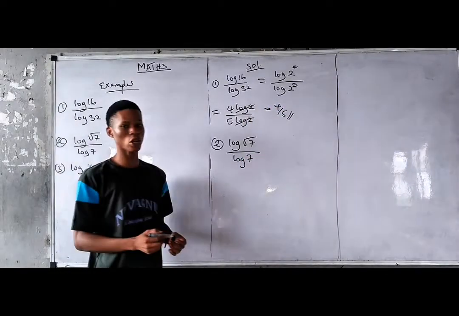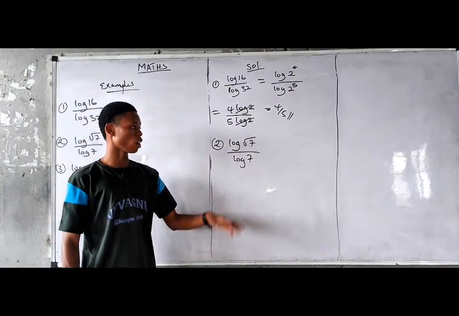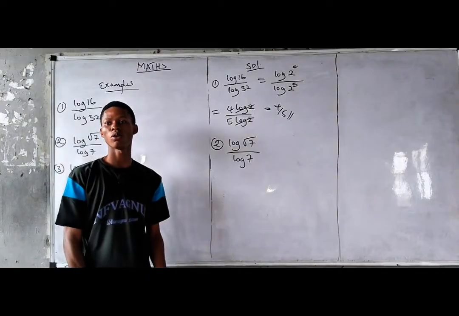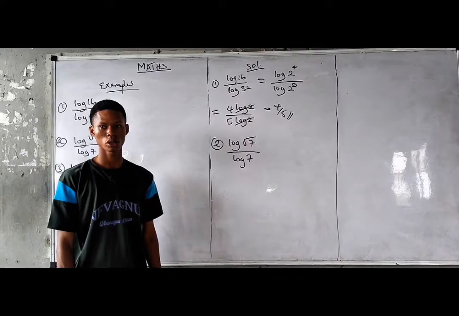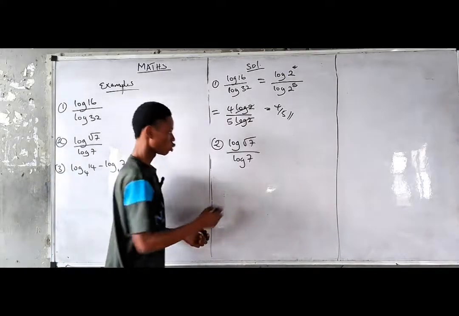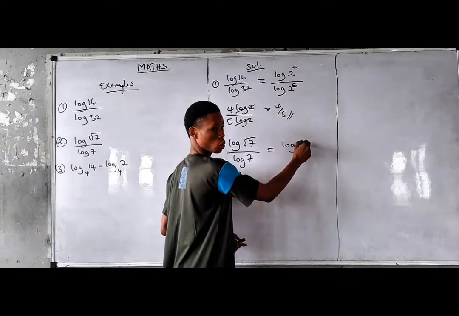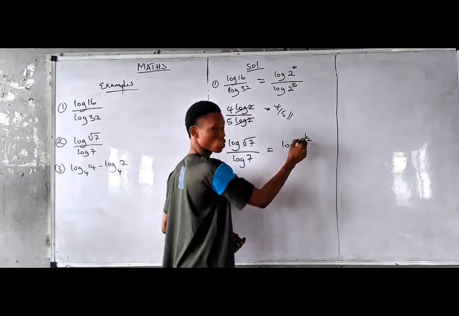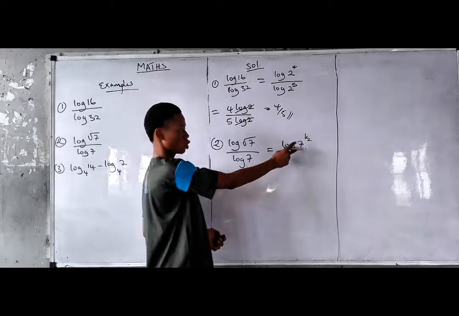Alright, let's look at the second one. Log root 7 all over log 7. Now, in this case, who can tell me the first thing to do? Good. So this is the same thing as log 7 raised to power what? Half, right? See, we are still applying indices. It's 7 raised to power half because half is square root.